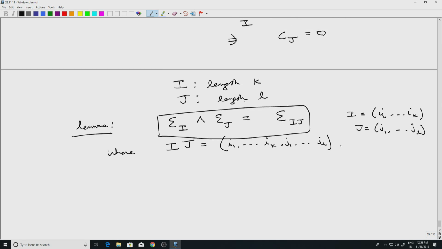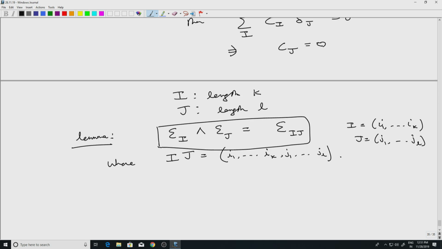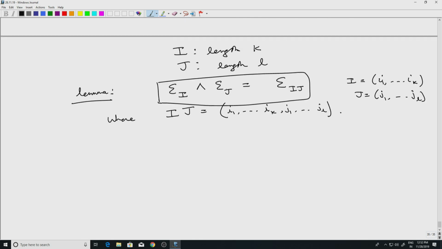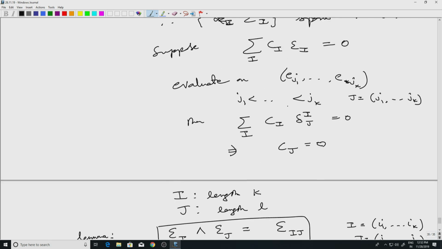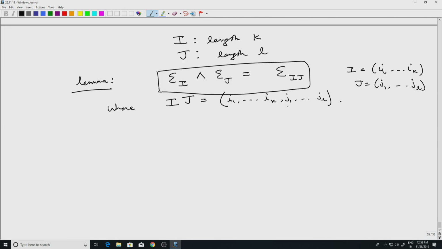It's just that the way we have defined this epsilon is in terms of determinants, not wedge products. The whole point is that this crucially links the wedge product with the determinant operation, and therefore it does require some proof.